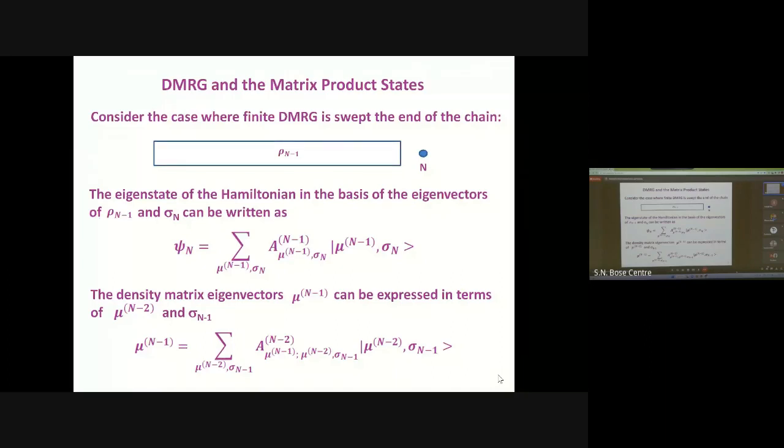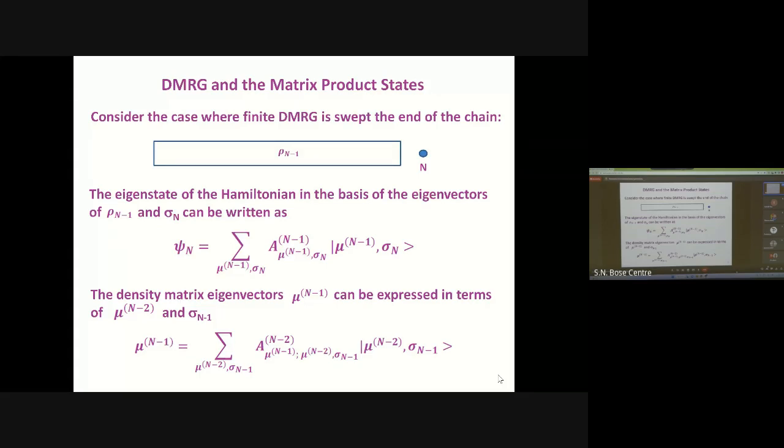Let me now try to give you an introduction to the DMRG and matrix product states. Of course, the experts will talk about it later on. So what I'm going to do is the following. You consider that you have gone to the rightmost extreme in your density matrix calculation.